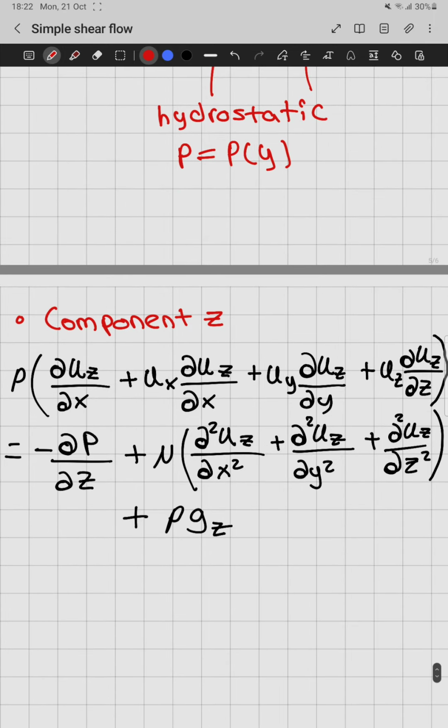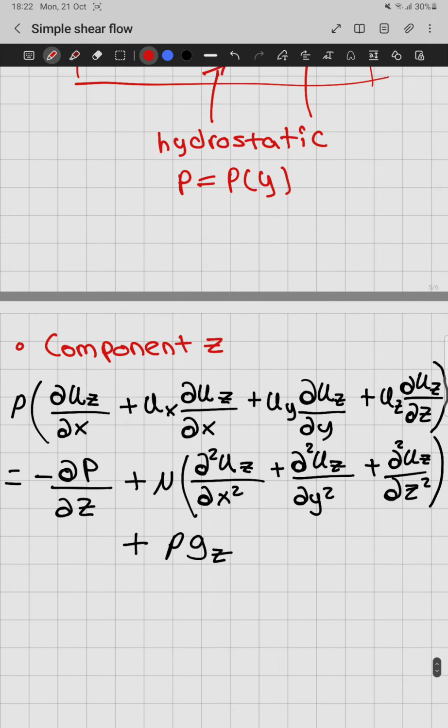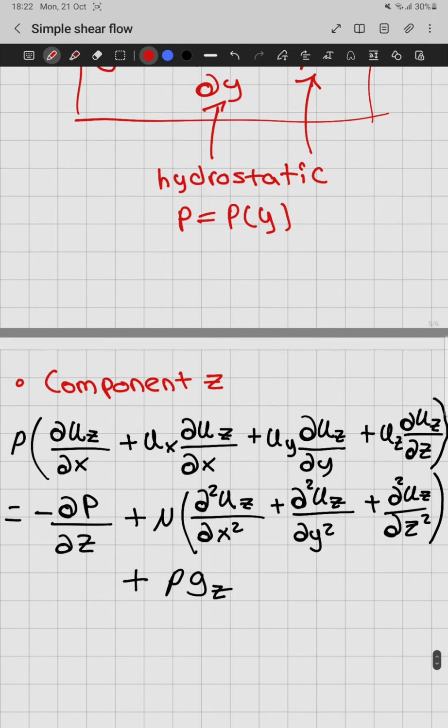And then we have the component c. This is even easier to simplify. This is the temporal term. uc is equal to 0. So all these derivatives are 0 because uc is 0, and uy is 0.